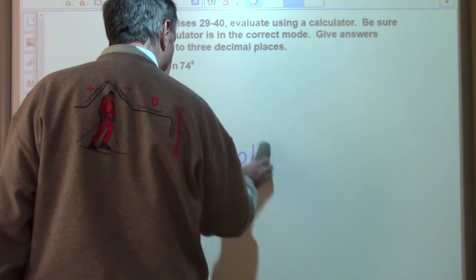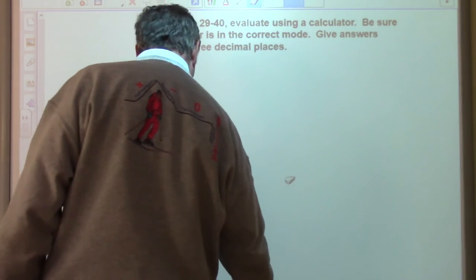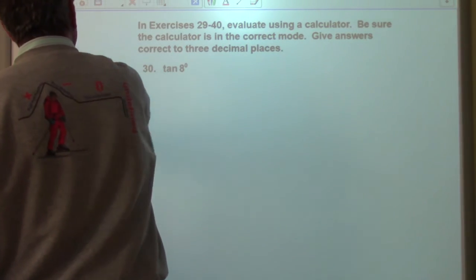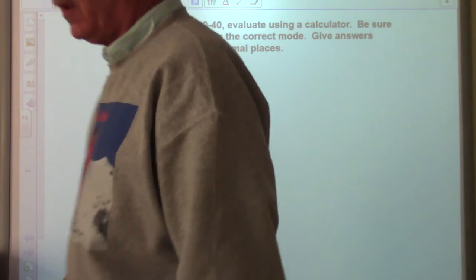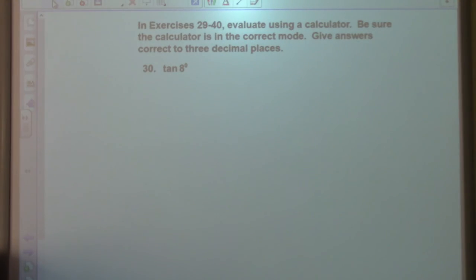So I did 1 over tangent 0.89. Okay, what did you get? 64.37. Okay, tangent of 8 degrees. How did we do this? Cosecant. 1 over tangent 0.89.